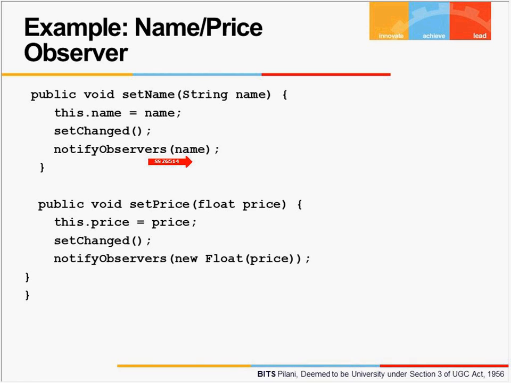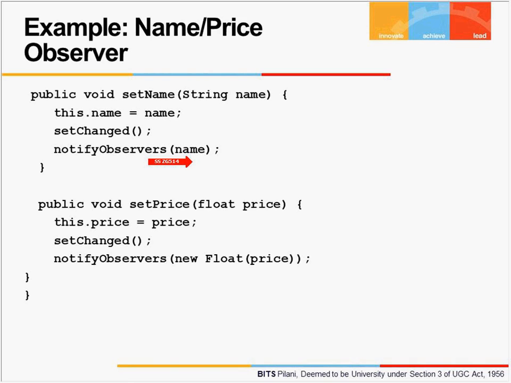Notify observer method takes an argument, which is the object of the system which has changed. Internally, this notify observer method loops through all the observers, right? And it will pass the name value to the observers, right?